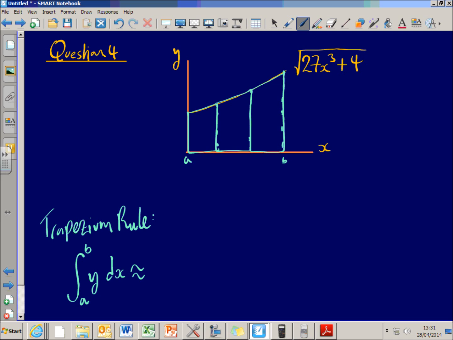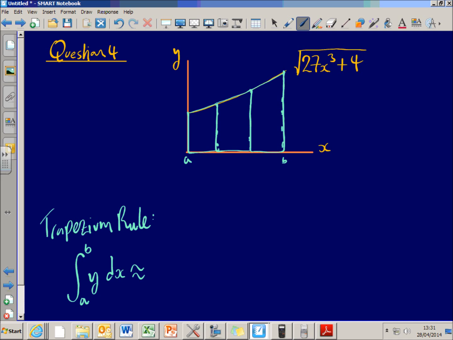So what's the equation then? Can someone tell me the equation? It's in the formula book. Let me write it down how it appears.